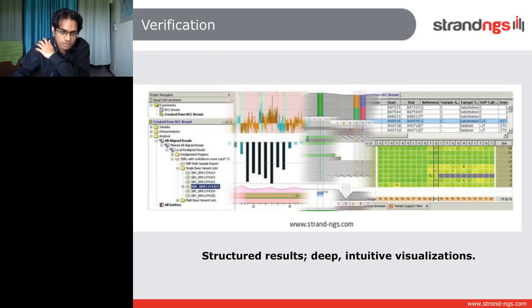And the structure is exactly what you would expect from a DNA-seq experiment, where alignment is followed by sorting, followed by maybe removal of duplicates, or maybe local realignment, and so on. So you see that hierarchy here as you traverse the list. These aspects make verification much, much simpler than they would otherwise have been if you were just looking at a file on a file system.